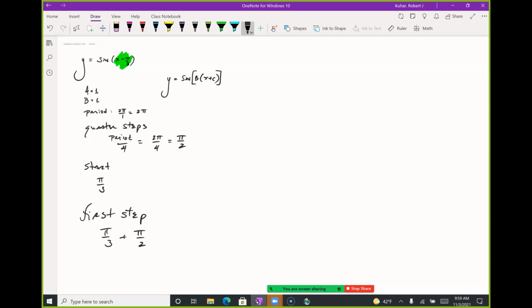So I want to simplify this. What do I get for my first step? It's 2 pi over 6 plus 3 pi over 6. So 5 pi over 6. I want to convert my start into pi over 6, and that's 2 pi over 6, right? Do we agree with that? You see my start and my first step?